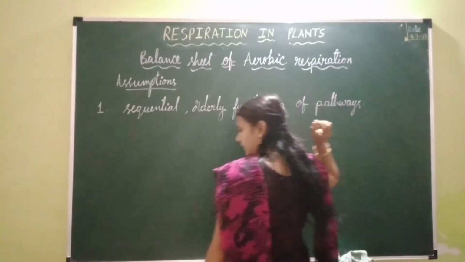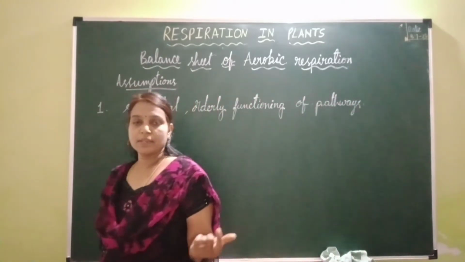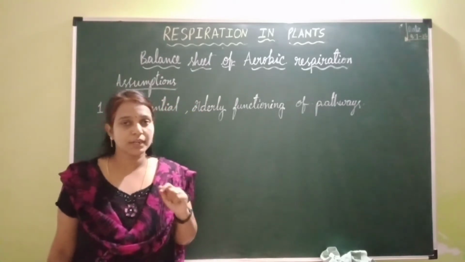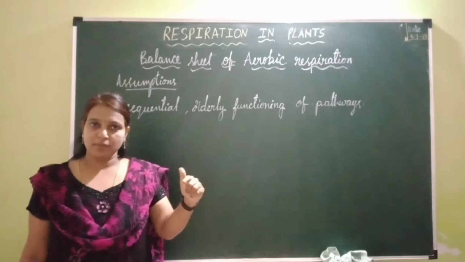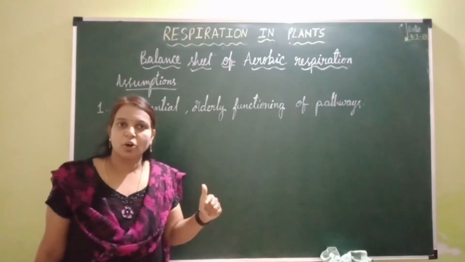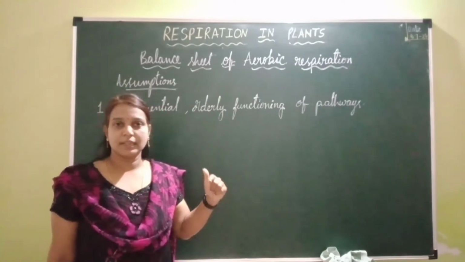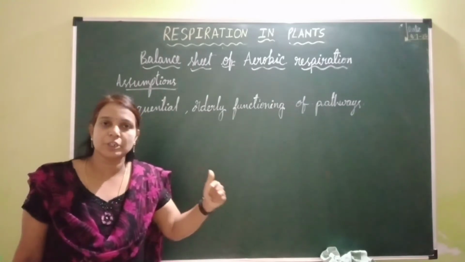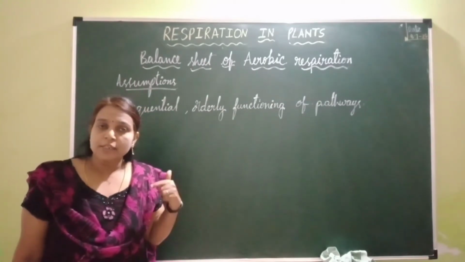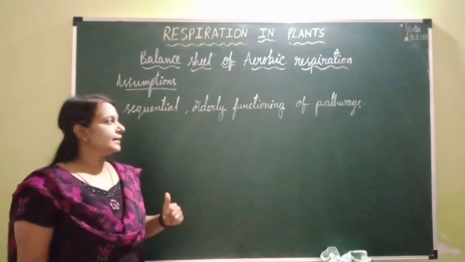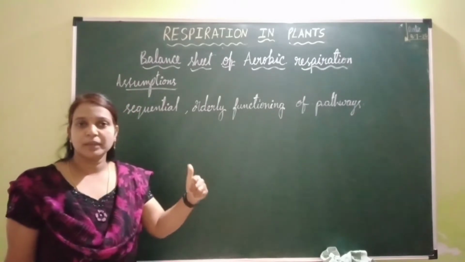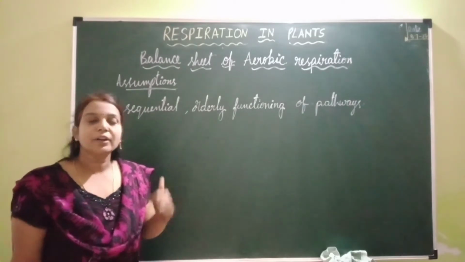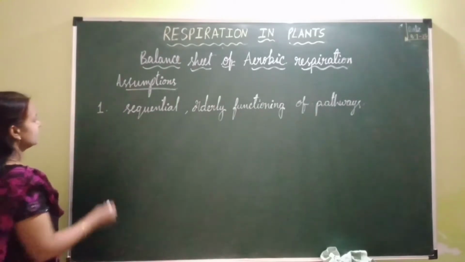During aerobic respiration, what are the pathways? The pathways involved are glycolysis, link reaction, Krebs cycle. So all these pathways take place in a sequential manner, one after the other. That means glycolysis is followed by link reaction, which is followed by Krebs cycle, and Krebs cycle is followed by ETS.